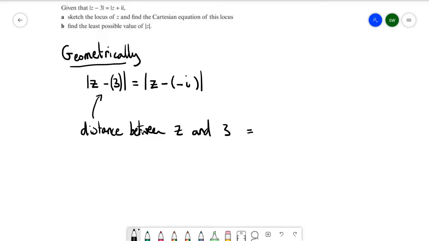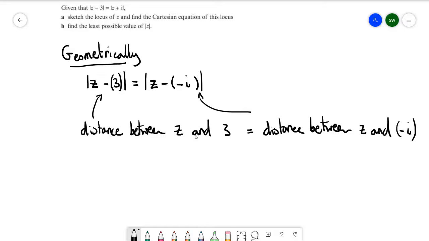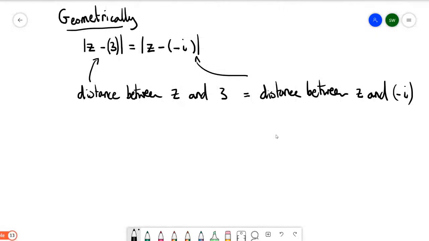And that's equal to, well, this thing here is the distance between z and minus i, because we've got z take away minus i. So we're looking for all the points z where the distance between z and 3 is the same as the distance between z and minus i. So let's sketch 3 and minus i.